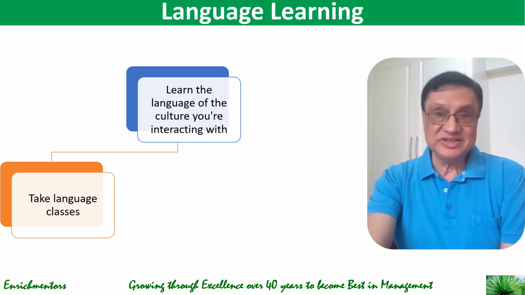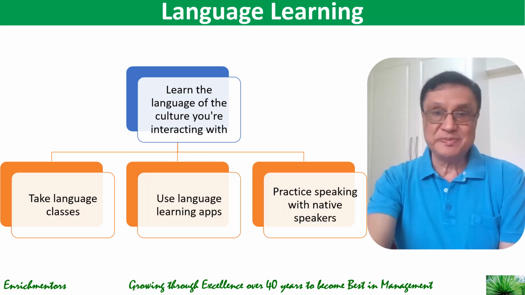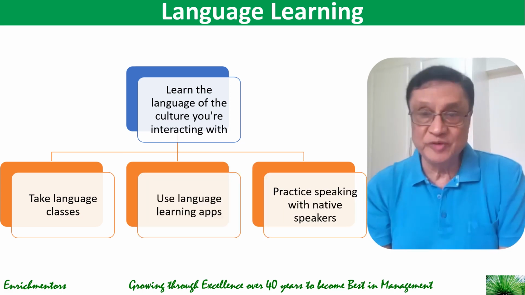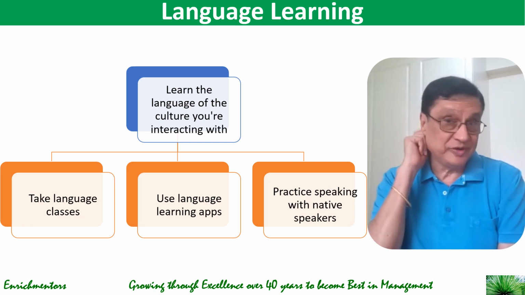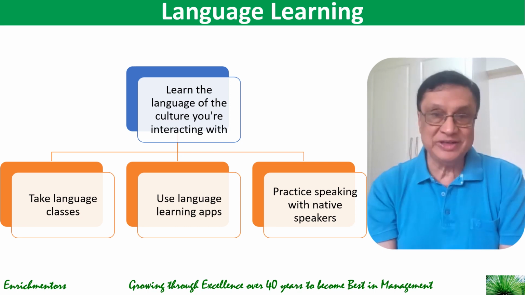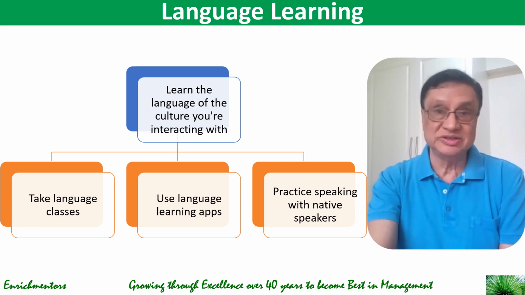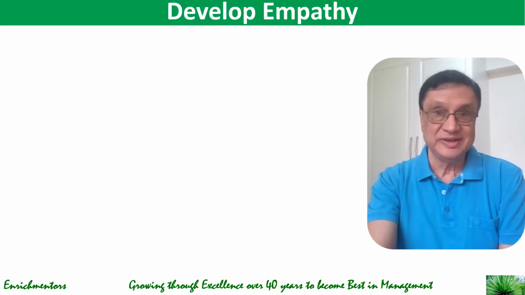Take language classes or use language learning apps and practice speaking with native speakers to improve your proficiency, and that works beautifully well because they love seeing you trying their own language, doing it right, failing very often, and they help you learn, and that builds the bonds with the foreign culture.